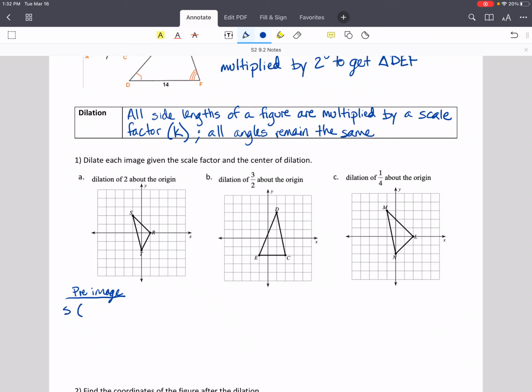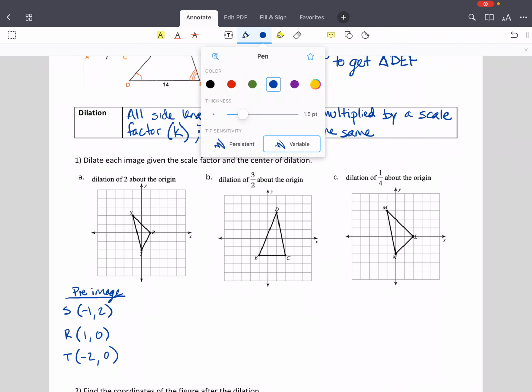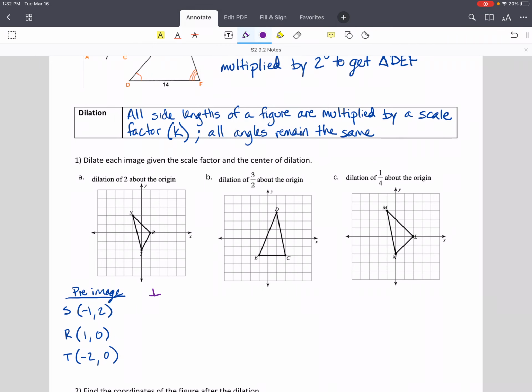So S is at -1, 2. R is at 1, 0. And T is at -2, 0. So that's our pre-image. The image is what happens after we dilate.